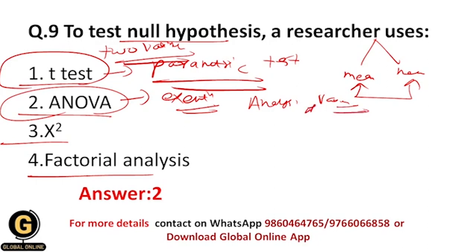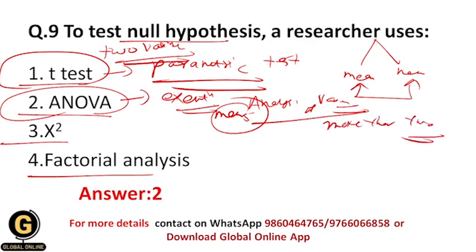This is the analysis of variance, and within the ANOVA test we compare the means of different groups, but here we can compare more than 2 variables at a time, and that's why the ANOVA test is more favorable than the t-test. And that's why a researcher uses ANOVA to test a null hypothesis, because sometimes in a research process there are more than two variables. So in that situation we need to use ANOVA rather than the t-test.